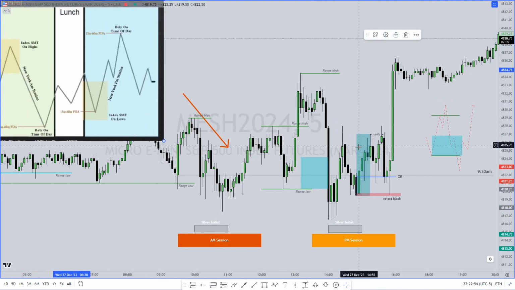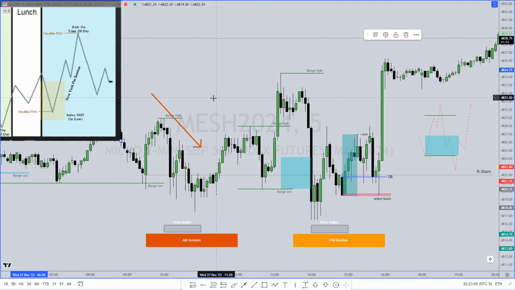So price is going to stick around at 930, and then we're waiting for time of day because we still need to see this. We haven't seen price take the AM high and the lunch high as yet.